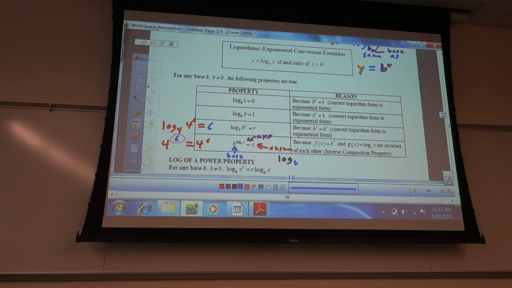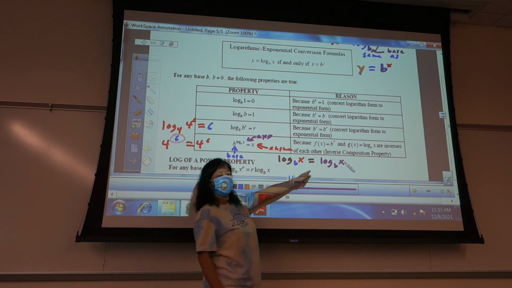X equals my exponent. What's the exponent? Log b of x. And what do you know? They're the exact same thing.